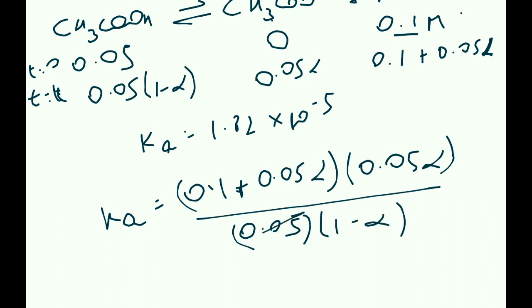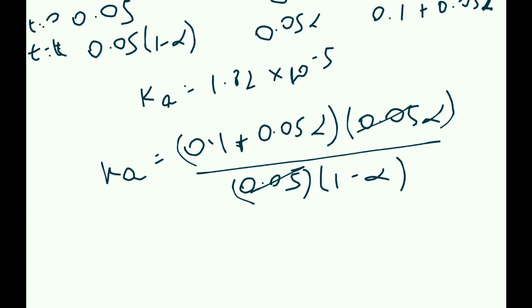Correct? This goes. Now here's where I feel most people get confused. Now let's have a look at this. 0.05 into alpha. Already we know that Ka is 1.82 into 10 to the power minus 5. Now that's a really small value, isn't it?